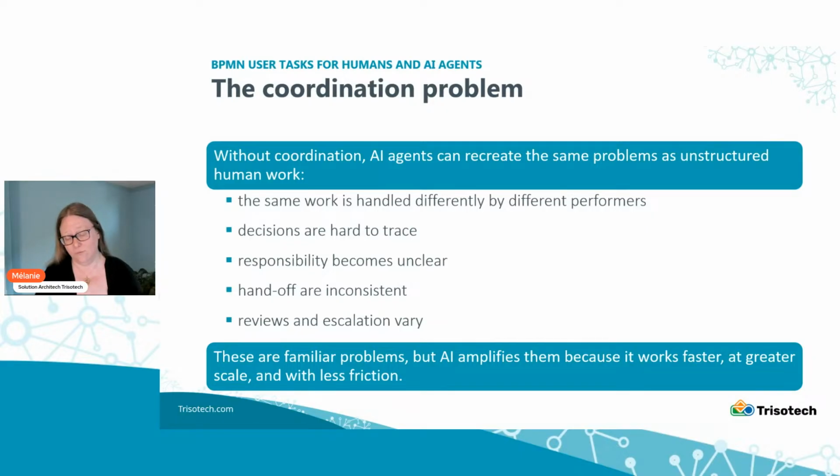And finally, if there's a need for an exception, escalation, something to handle that is different than a normal flow, then maybe it will change from time to time depending on the different decisions that were taken. So those are all existing problems within organizations for the different tasks that need to be done.